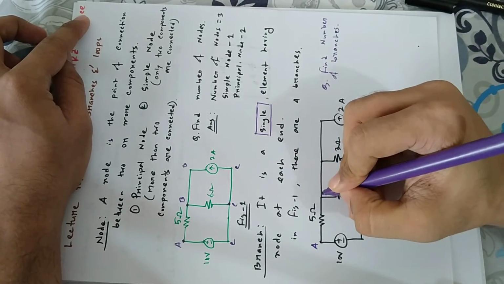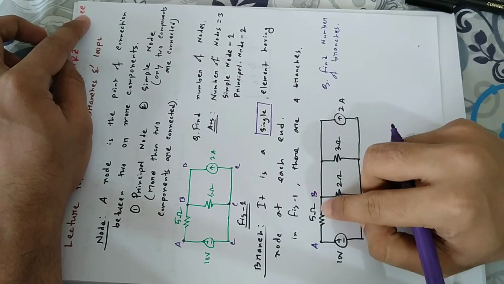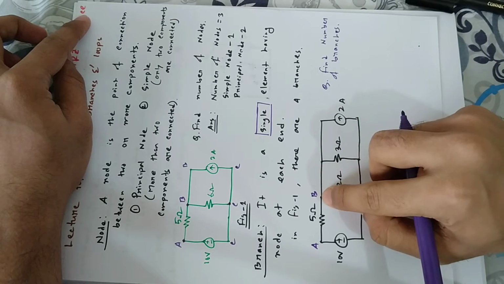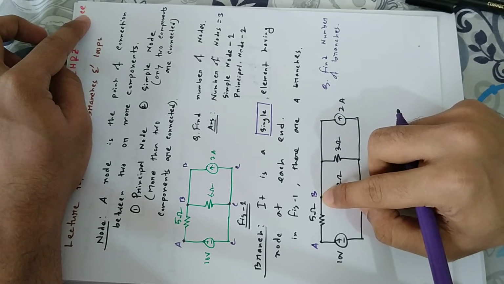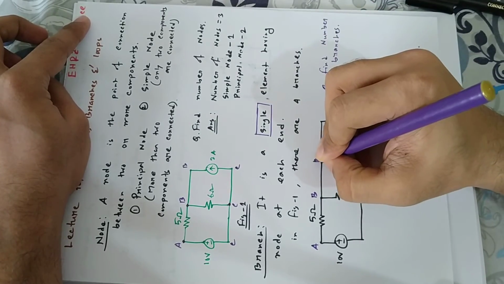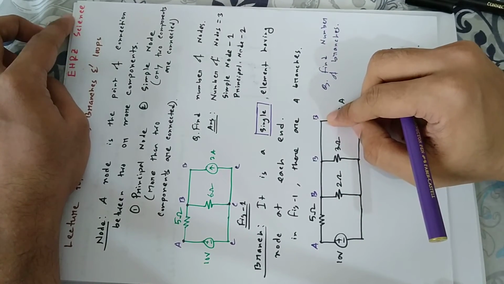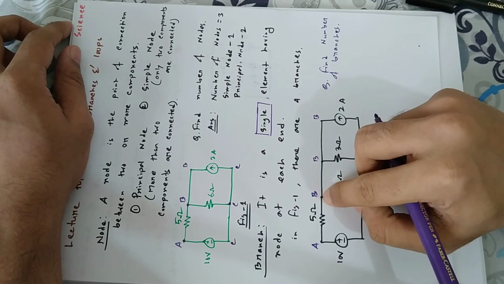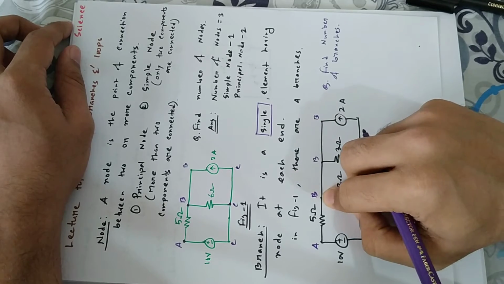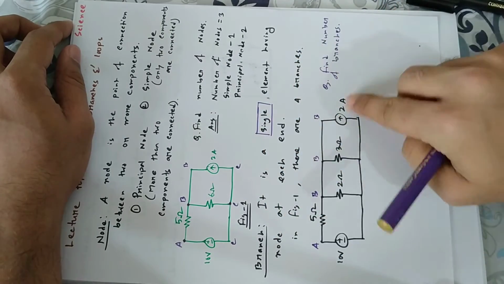Now if we see at this point, suppose the point is B, at this point this 5 ohm resistor, 2 ohm resistor, 3 ohm resistor and 2 ampere current source are connected. Because I said it earlier that whenever you see a wire, every point on the wire is the same. So this is a principal node because at this point 4 components are connected.